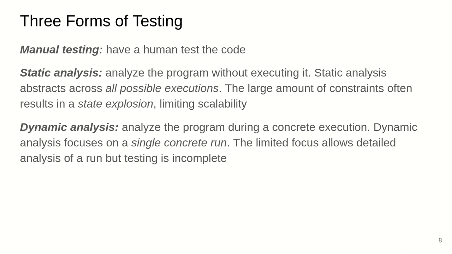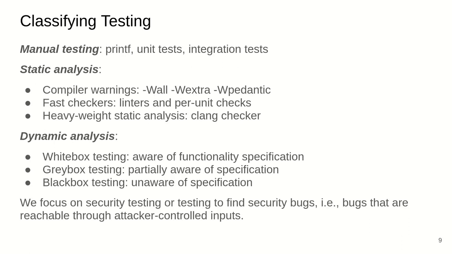So static analysis covers the full program state space through an abstraction. The dynamic analysis will cover one single execution, but then go into detail there. If we classify testing using a couple of examples, manual testing will be printf, unit tests, or integration tests, for example. Static analysis could be compiler warnings.